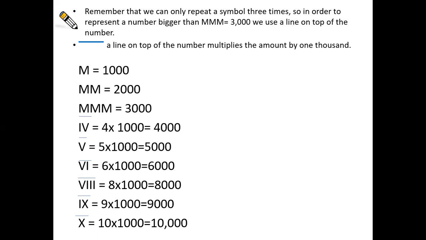And how do you make 4,000? You write the symbol for 4, and then you add a line on top of the number. So it will be 4 multiplied by 1,000 equals 4,000. The same goes with 5. 5 times 1,000 equals 5,000, and so on.